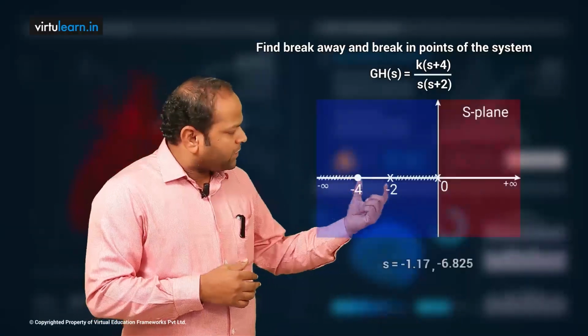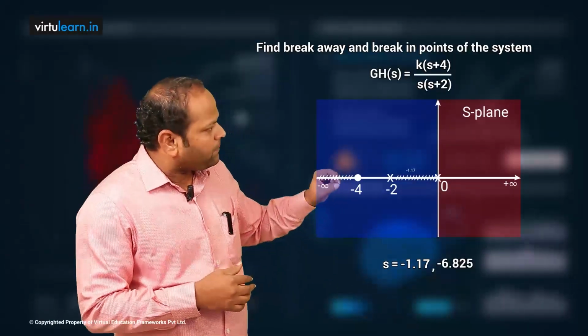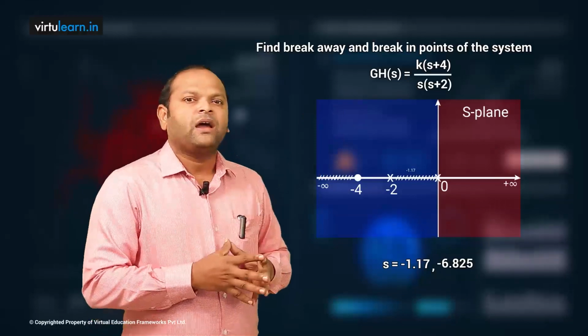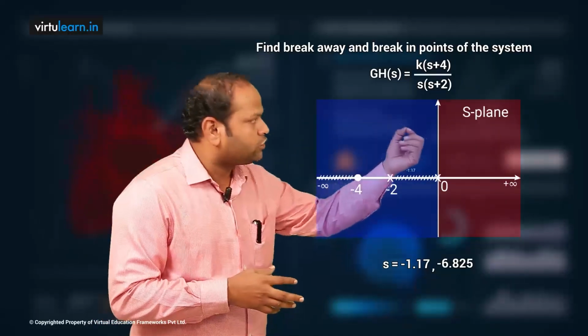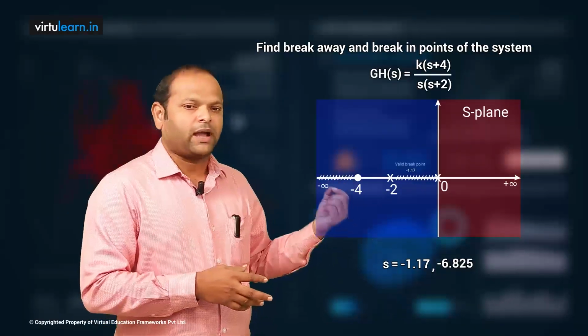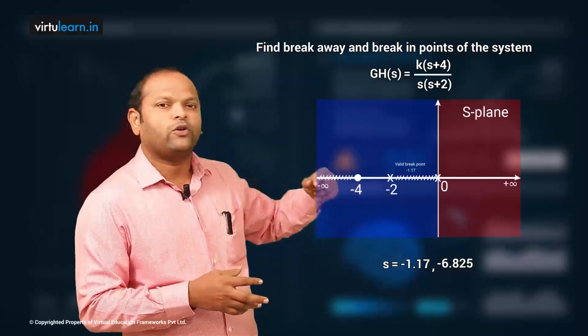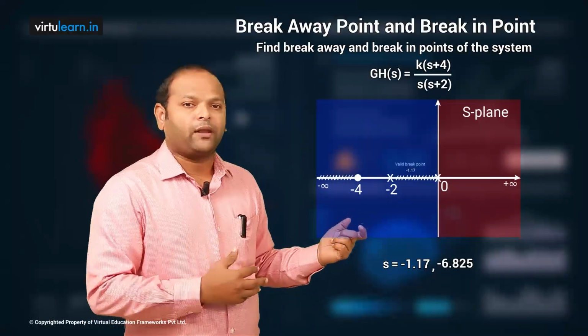Look at the first one, minus 1.17. If you locate the point in your S plane, it is in the root locus area. We know that from 0 to minus 2 we have root locus area, and this point, minus 1.17, is in between. Therefore, this point is on the root locus. It is a valid breakpoint.